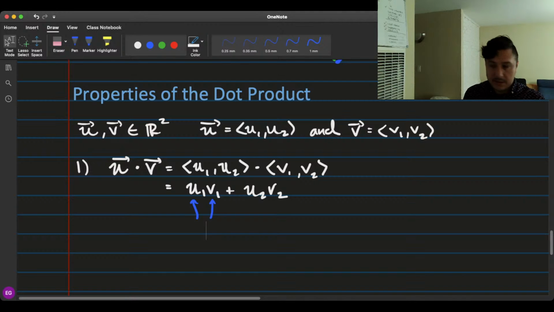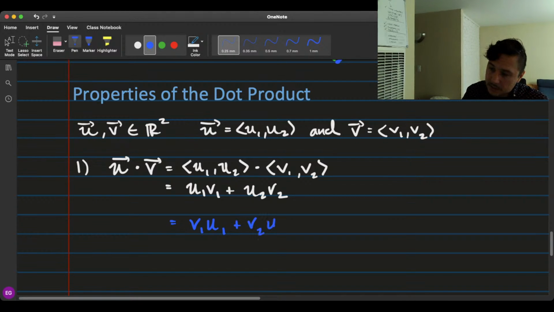Yeah, I could switch their order. I could write v1 u1, and then I could do the same thing for the other one, v2 u2. Now, do you see how, because I had u dotted with v, I ended up with u1 v1? I've switched the order now.